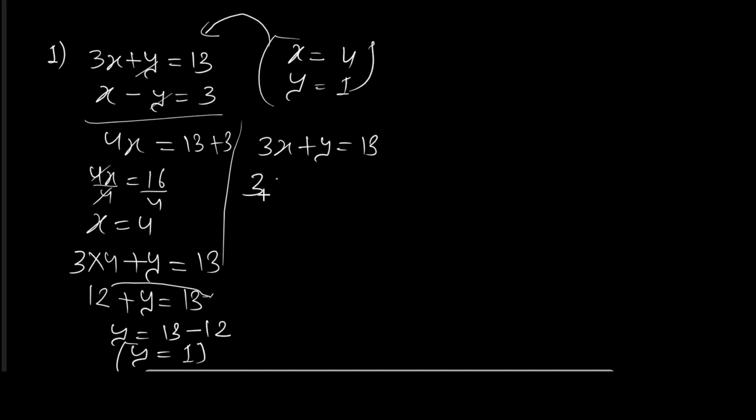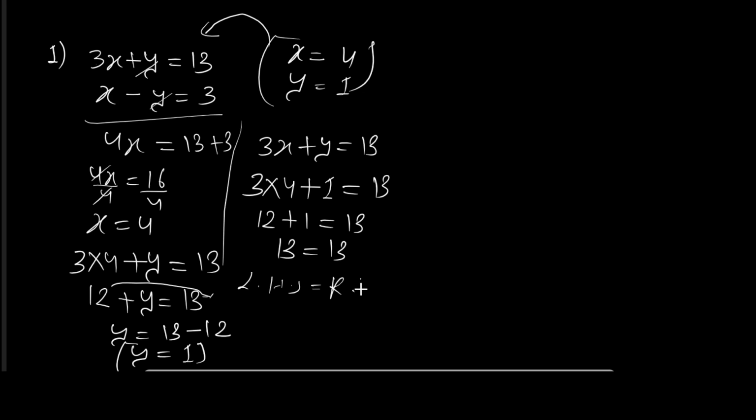So 3 times 4 plus 1 equals 13. So 4 times 3 gives us 12 plus 1 equals 13. So 12 plus 1 is 13, equals 13. So left hand side is equal to right hand side. It shows that our solution is correct.